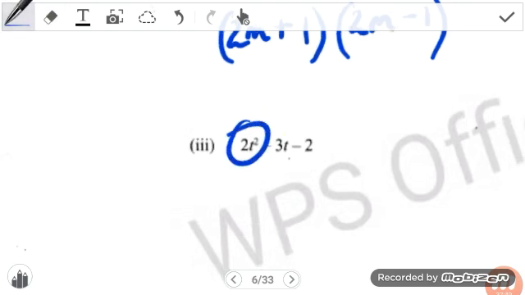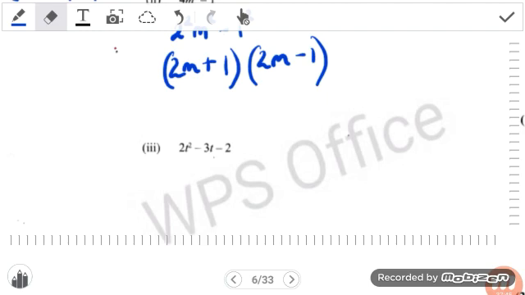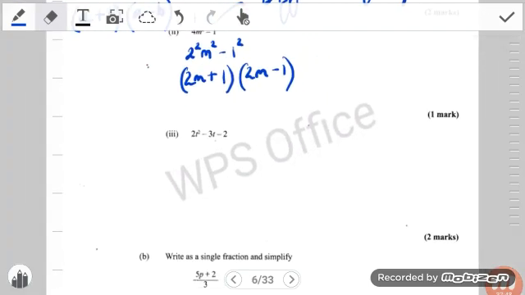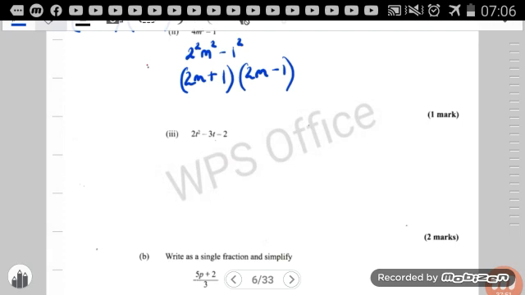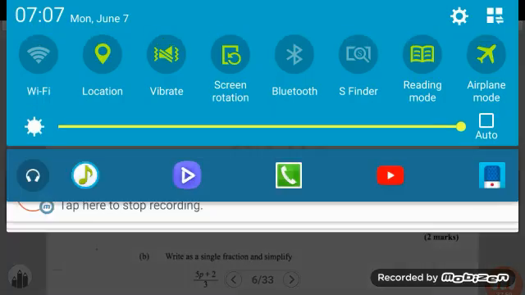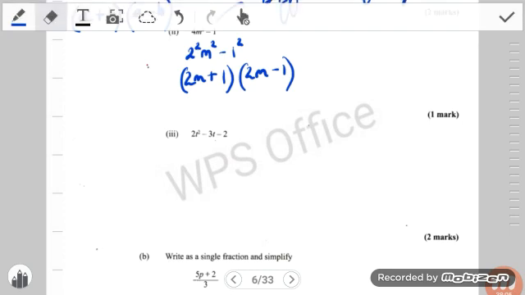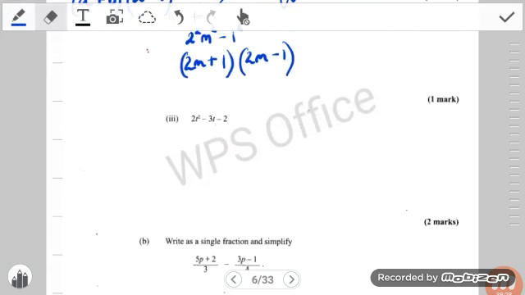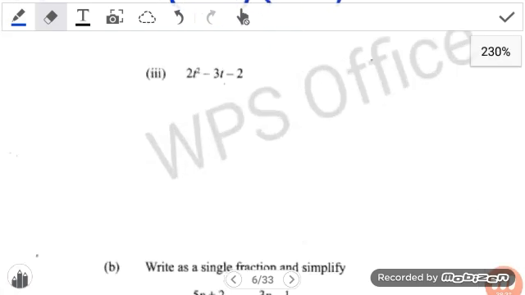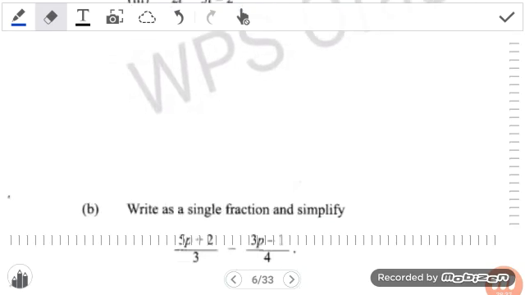All right, so how do we go about this? We are going to be using what is known as the AC method. The AC method here is going to be very, very key to our solution. Just a moment here, guys.